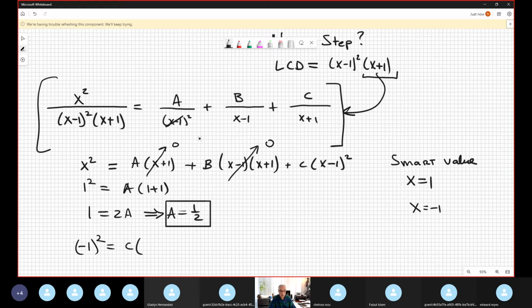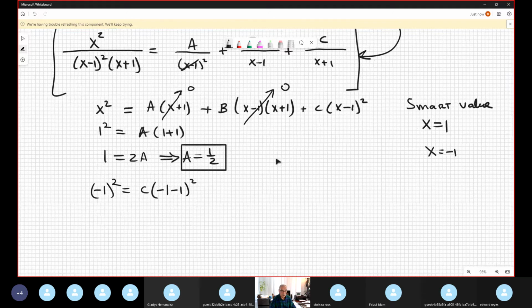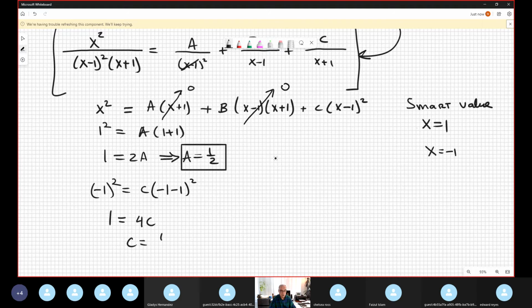So c times negative 1 minus 1, squared. Negative 1 squared is 1 positive, and negative 1 together with negative 1 is negative 2, and negative 2 squared is 4, so 4c. Therefore, c is equal to 1/4. Cool, I like that.